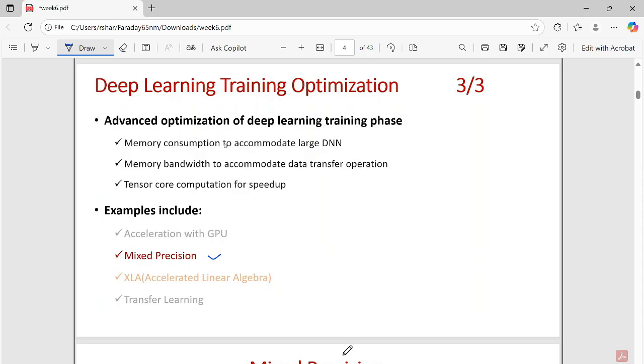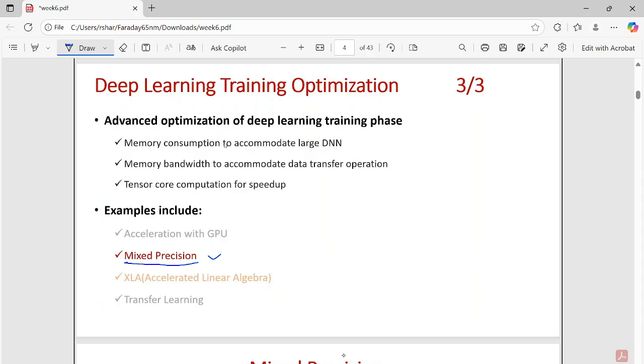We will brief about mixed precision next slide. Before that, let's see how it works with mixed precision. The computations are done mostly in float 16, say half precision, which is faster and takes less memory. Some of the critical parts like loss scaling and weight updates are done in 32 bit so that we can maintain numerical stability.